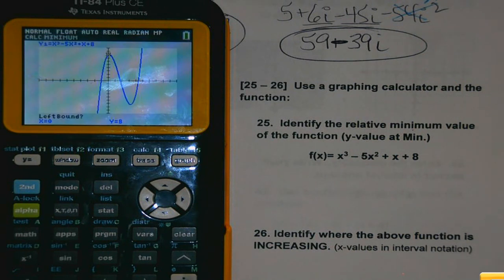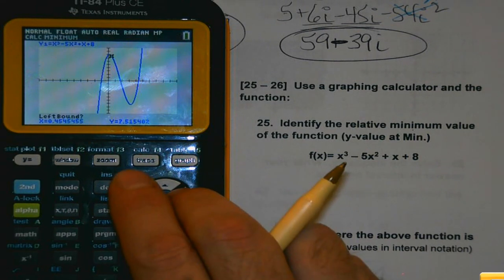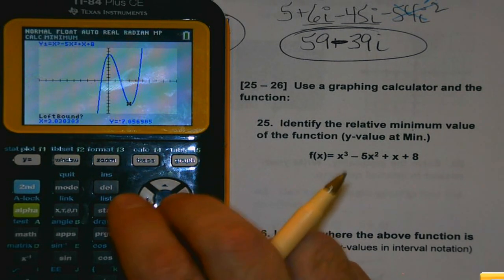Now, some of you may be asking, if I'm not comfortable with the calculator, is there a way around this? Yes, I will show that here in just a second. But since you're going to have calculators in here anyway, I think this is the best way to go.